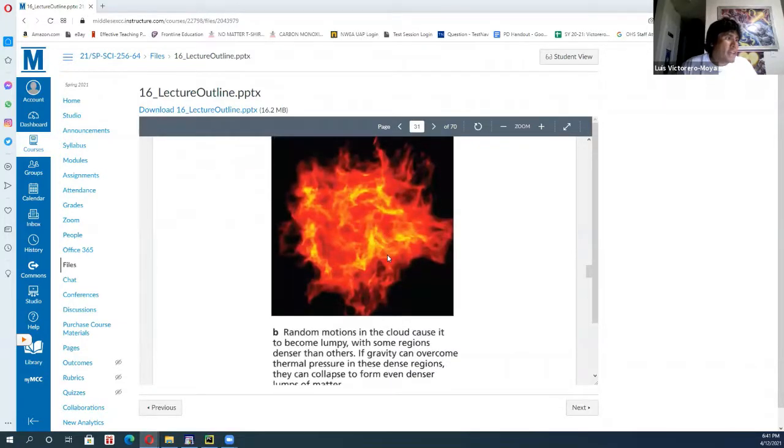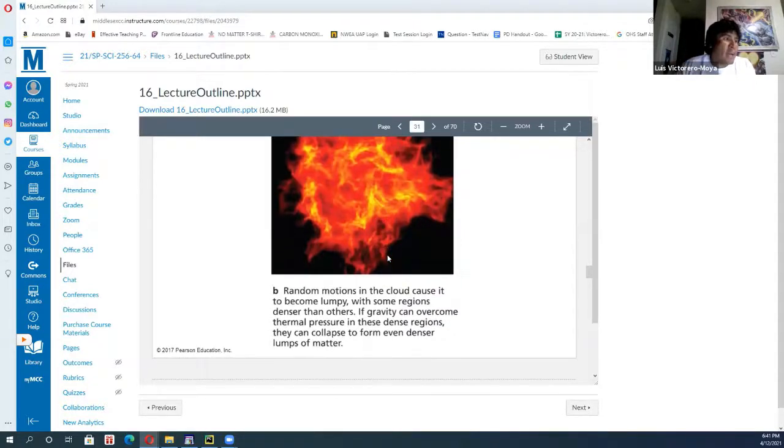What causes the contraction to slow? Random motions in the cloud. All right. When gravity starts overcoming pressure, you start having more dense matter inside. And if you have more dense matter, you have more temperature, right? More radiation, right?